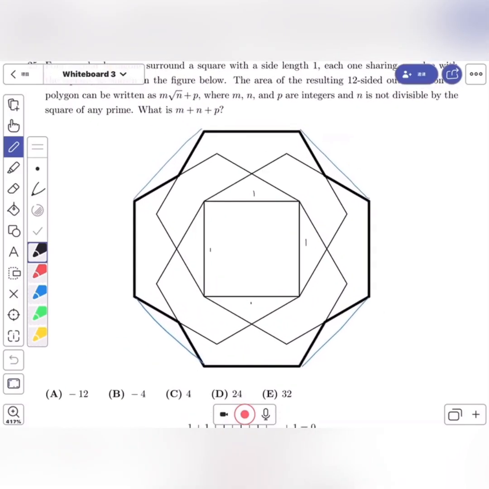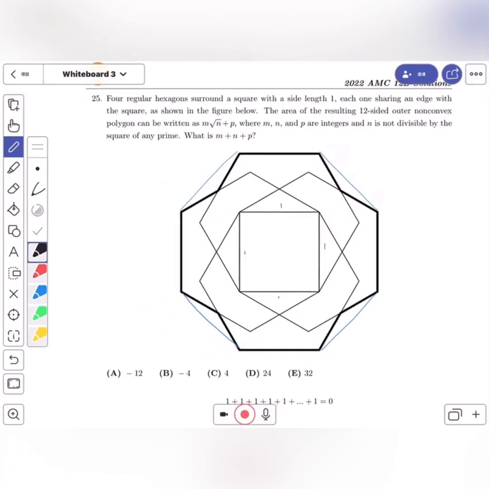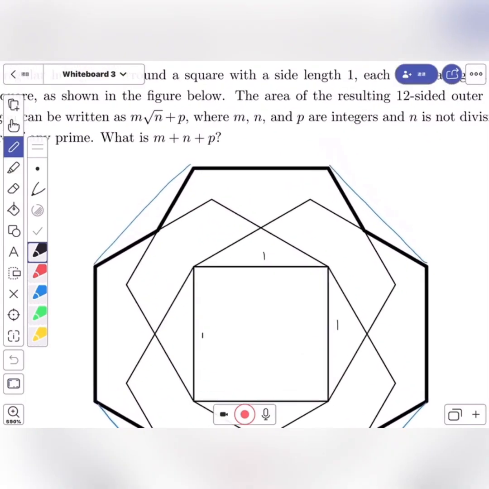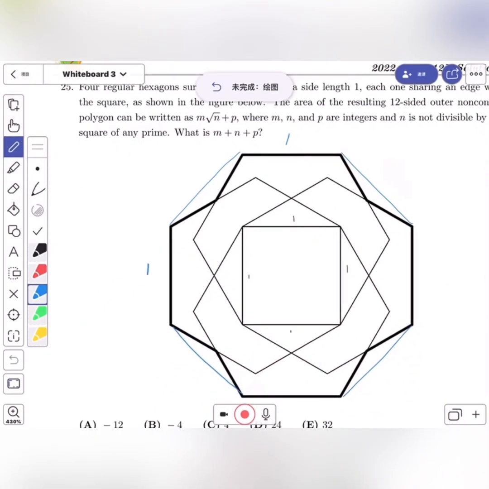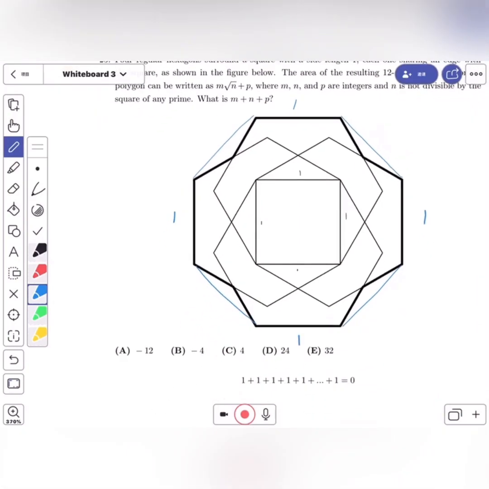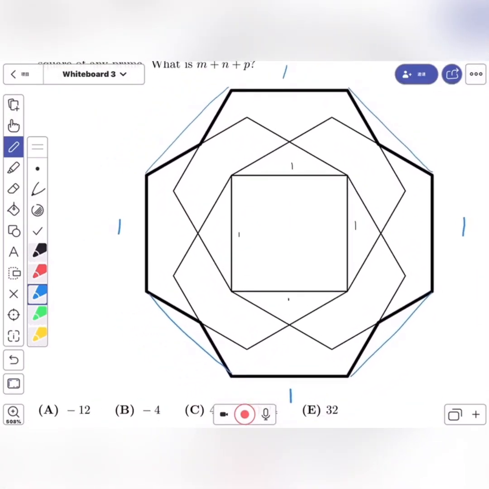So essentially, we can see that this side length also has length 1, and 1, 1, and 1. Now how are we going to find this side length? That seems to be not really easy, right?